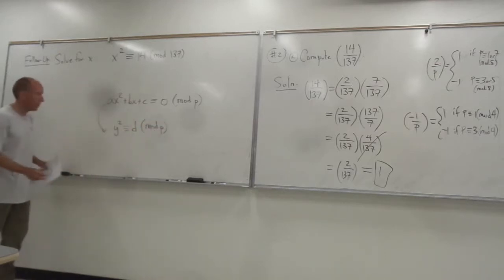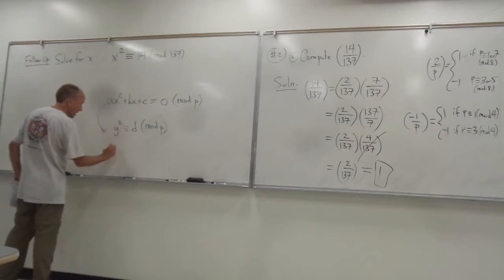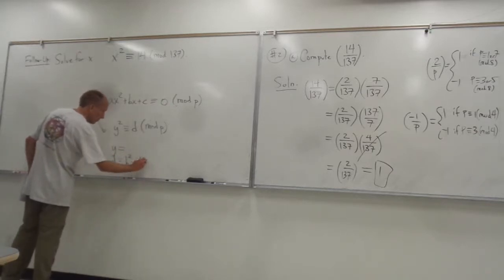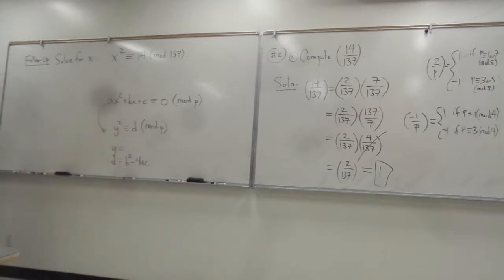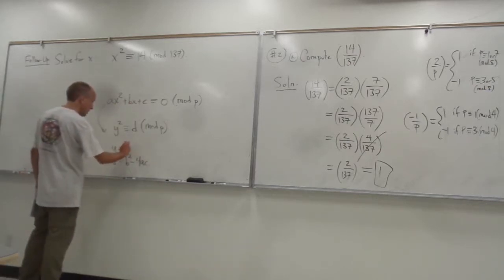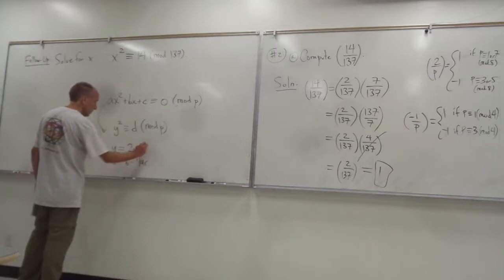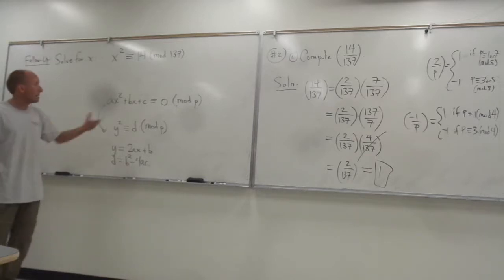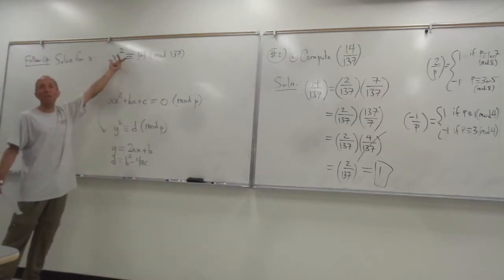The d is just your b squared minus 4ac discriminant that you're used to, and the y is 2ax plus b, I believe, if I remember correctly. So you can make that change of variables, but that's if you have something like this and you're trying to change it into this.